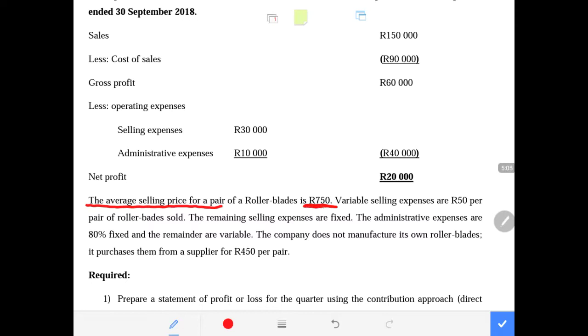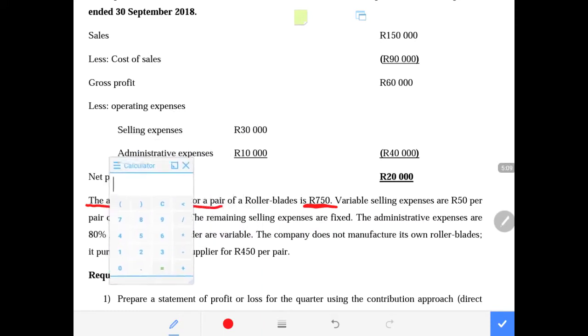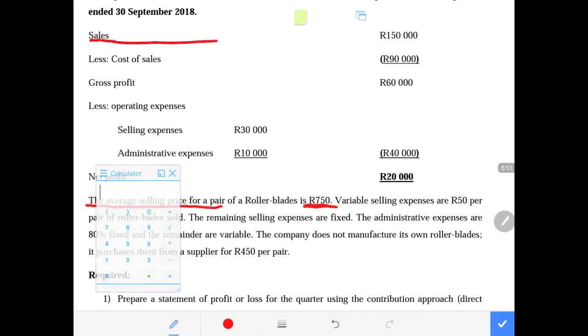So the selling price for one item is 750, meaning we need to know how many units were sold, because we only know the total sales revenue and that each unit was sold for 750.